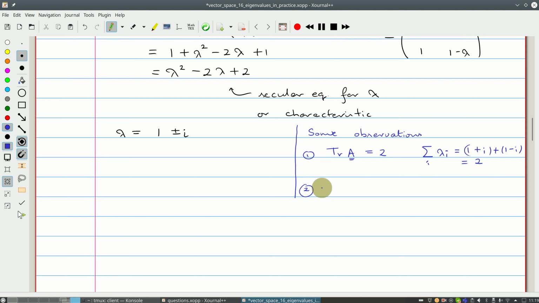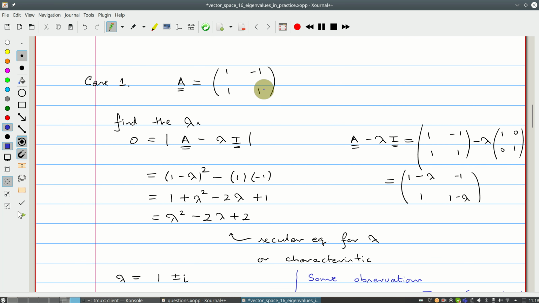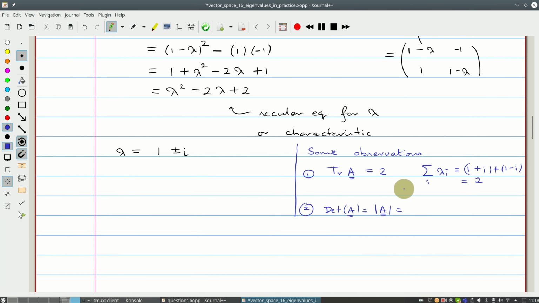The second observation is that the determinant of A, which is the same as this, that's equal to, let's say it's 1 times 1, that's 1, minus minus 1 times 1, so it's 2. It just happens to be the same as the trace, but it's not normally the case. And I'd like you to show that the product of the eigenvalues, this is the symbol for the product, is also 2. Is this general? Well, we'll find out in the next recording.